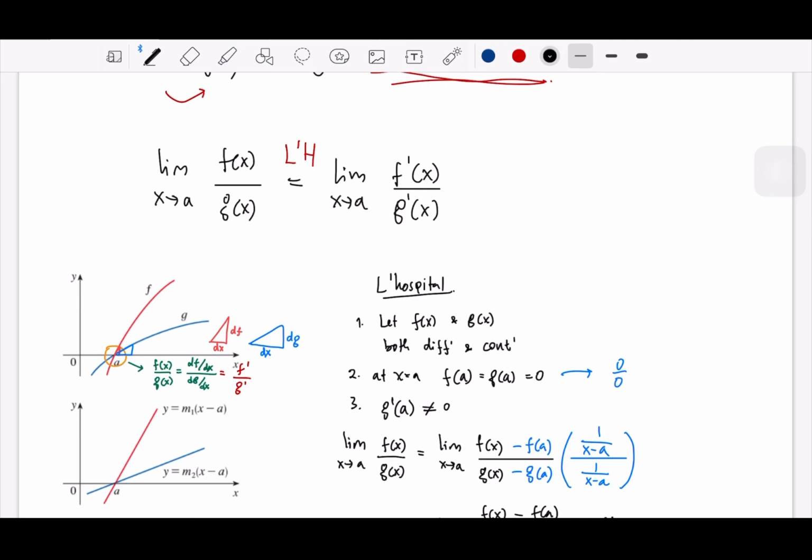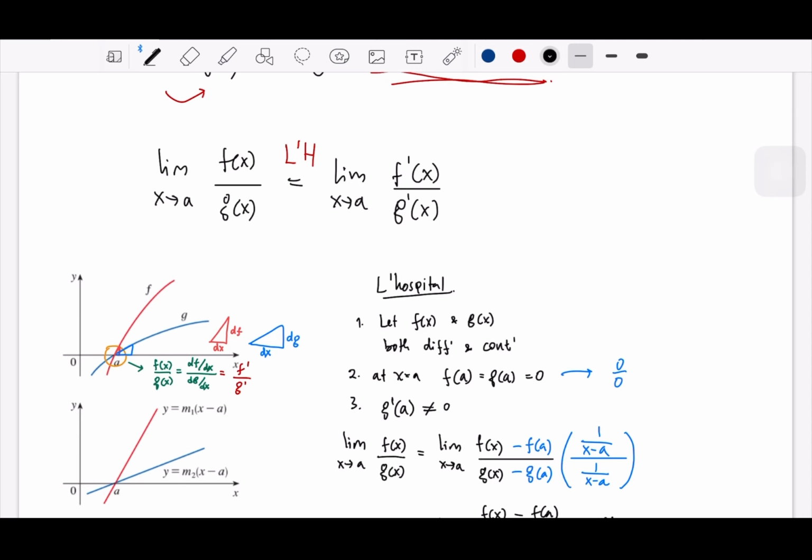So let's just write minus f(a) and minus g(a), and then multiply both the numerator and denominator by 1 over x minus a. If you are confused, we can add this minus because they both are 0.